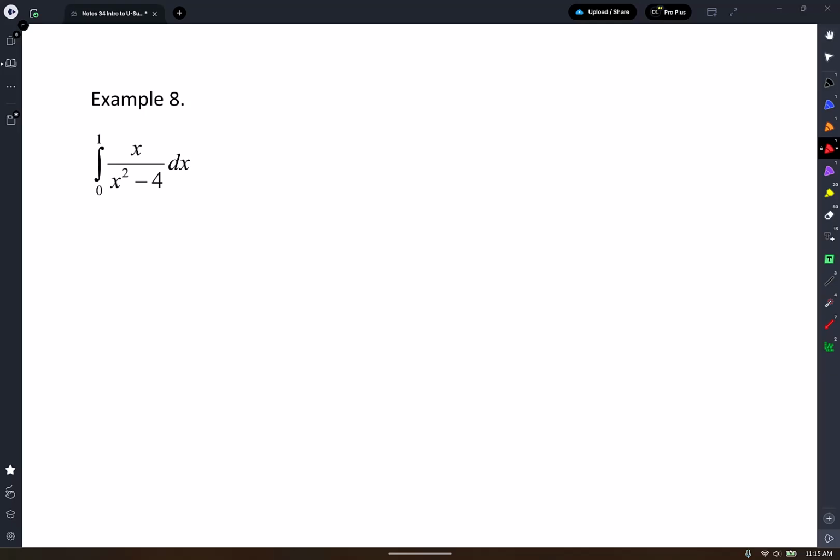All right, let's focus on this. Okay, here we go, guys. I'm looking at it, and it says I have an x squared minus 4 in the denominator. I have an x in the numerator. What should the u be? x squared minus 4. You got that. If u is x squared minus 4, then du is going to be, I'm just taking a derivative, 2x dx.